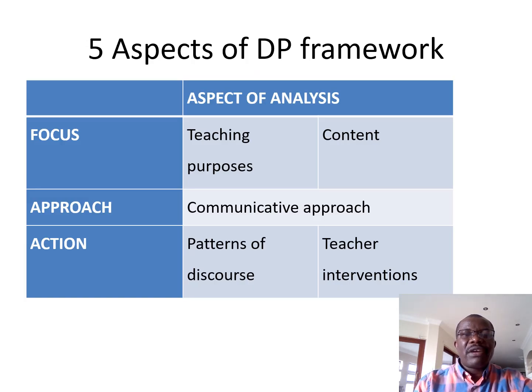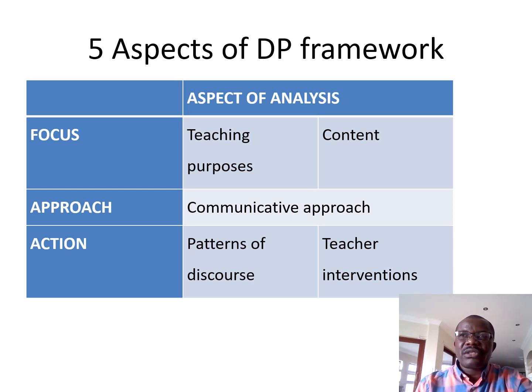They have 5 aspects of the framework, which talk to teaching purposes, content, communicative approach, patterns of discourse, and teacher intervention. I'll focus a bit more on the communicative approach.